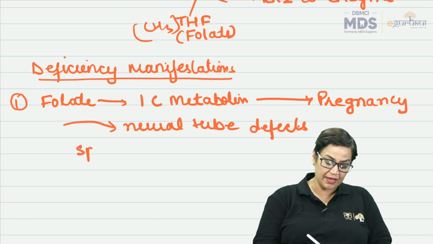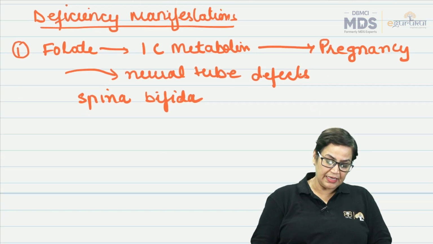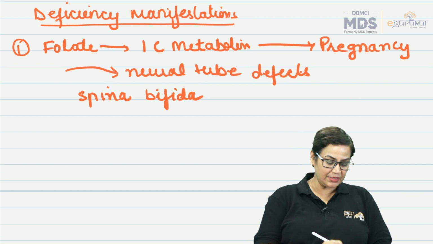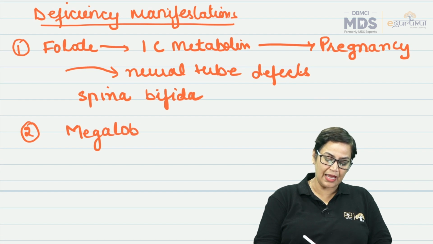Spina bifida is there. Right? Then this is one very important aspect, and second is it can also lead to megaloblastic anemia.